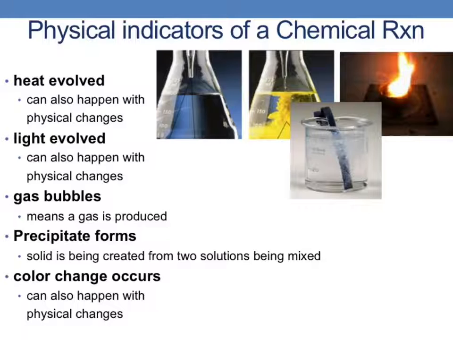So, there are 5 indicators that tell me whether a reaction occurred or not. You have to have at least one of these 5. You can have all of them, but you have to have at least one of them to tell me that a reaction occurred. So, evolution of heat. You have to have made some heat, or some absence of heat.